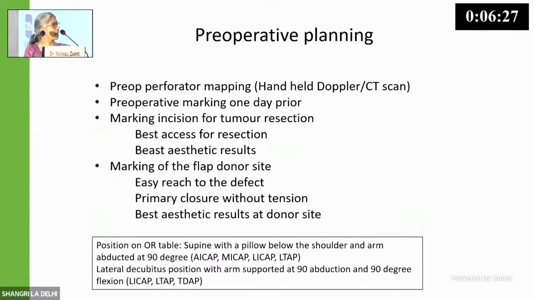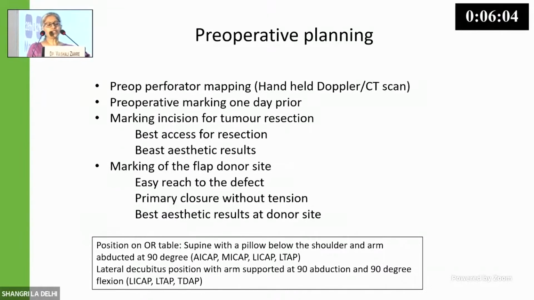And for marking the flap donor area, the marking should be done in such a way that the donor flap reaches the defect in a very convenient manner, and we can achieve primary closure without any tension in the donor area. And of course, the donor area aesthetic result is also equally important.